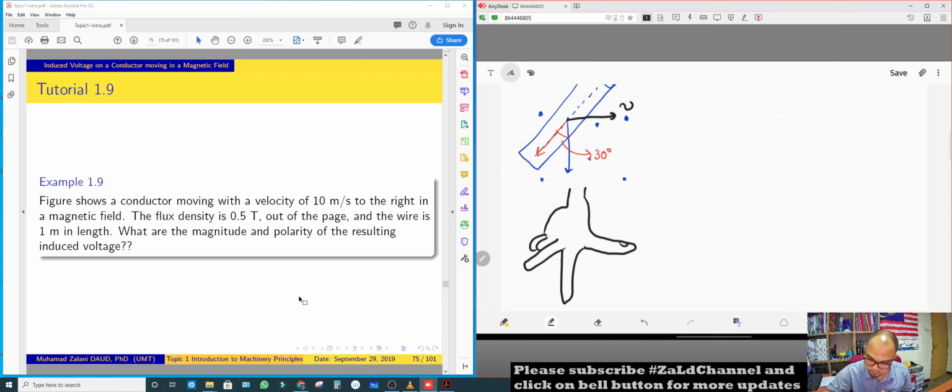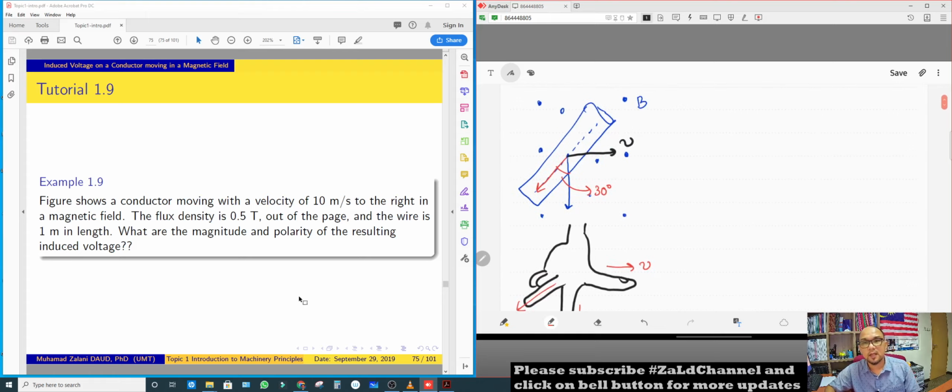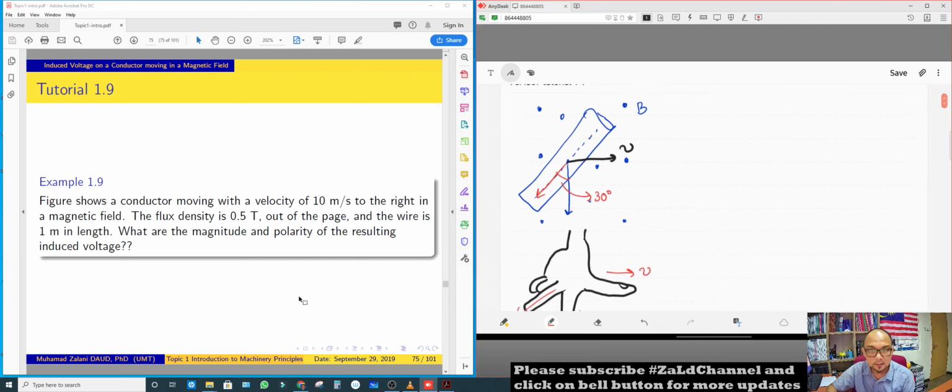So this is V. I've got long thumb. So this is V, velocity, and my index finger is supposed to be induced voltage, and this is B. Now in this case, the wire is 30 degree, 30 degree.